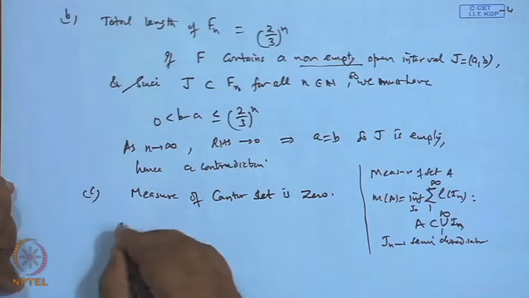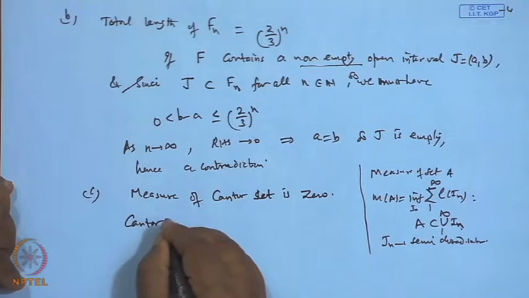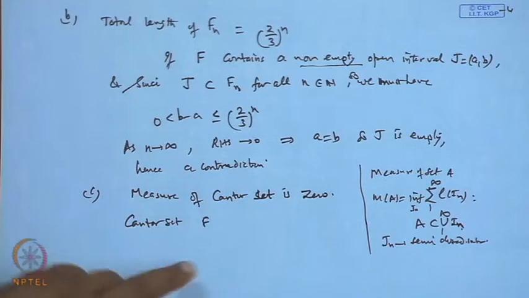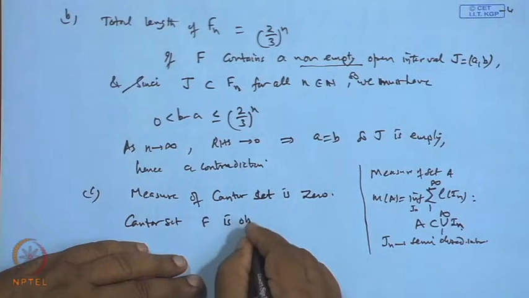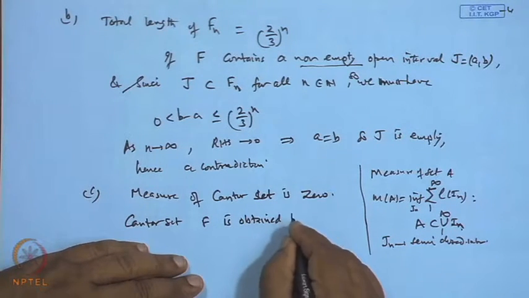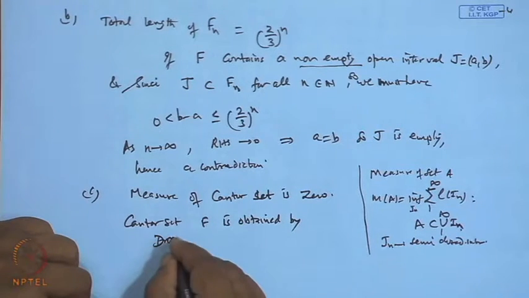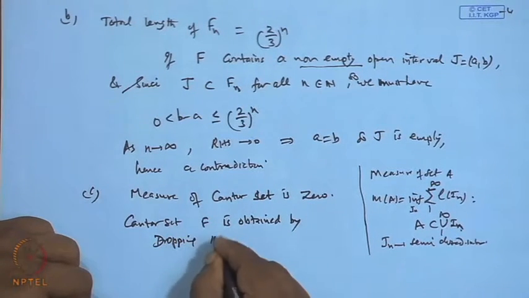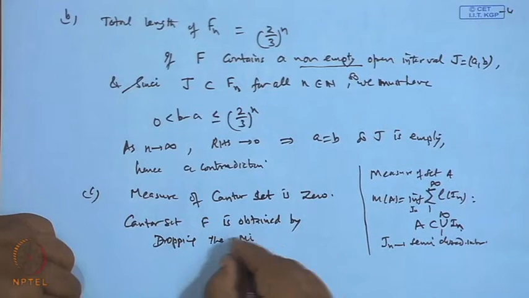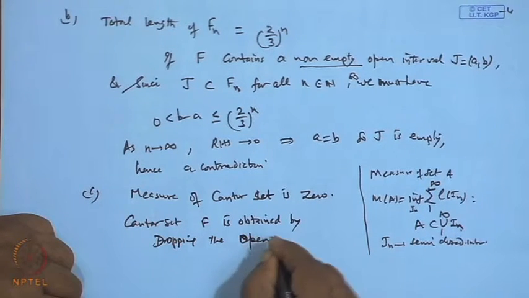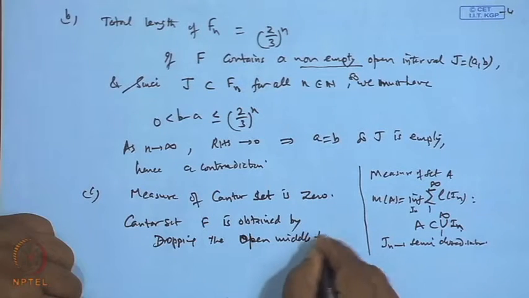Since the Cantor set F contains the end points of the removed intervals, what we want to show is that the measure of this set is 0. So, let us see the total length of the removed intervals. The Cantor set F is obtained by dropping the open middle thirds.